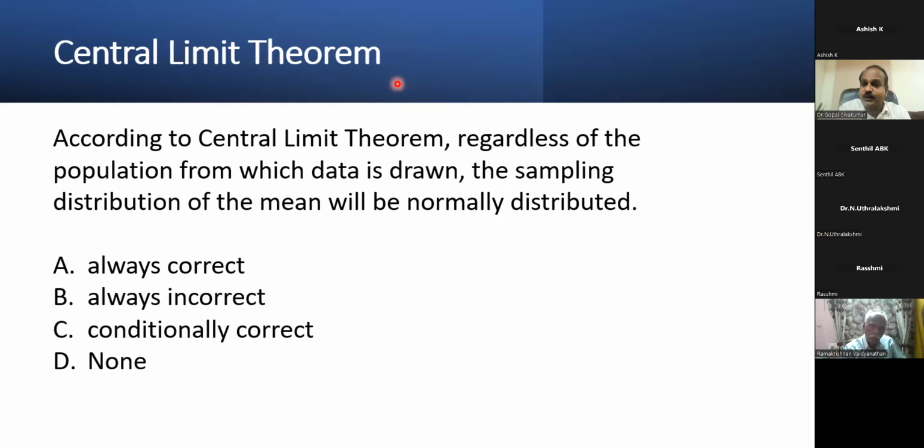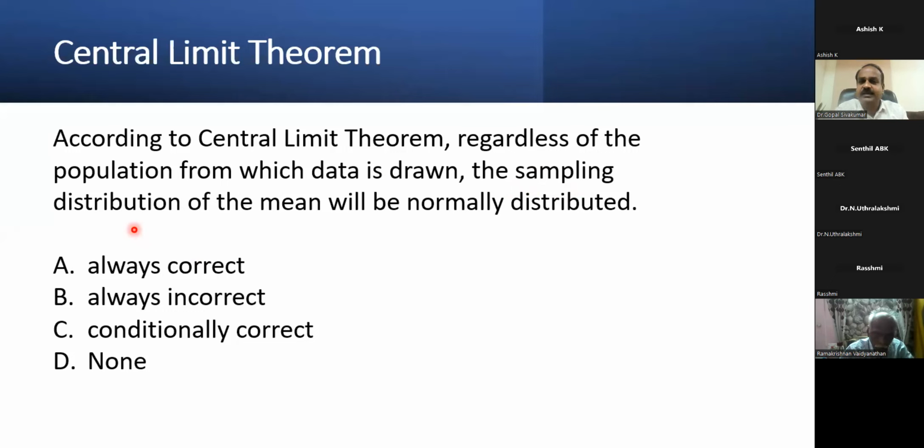All of you understand the advantage of working with the third distribution. What is the name of the third distribution? Sampling distribution. Central limit theorem is talking about sampling distribution. In order to make your X double bar become very close to mu, all that you need to do is ensure sufficient subgroup size.